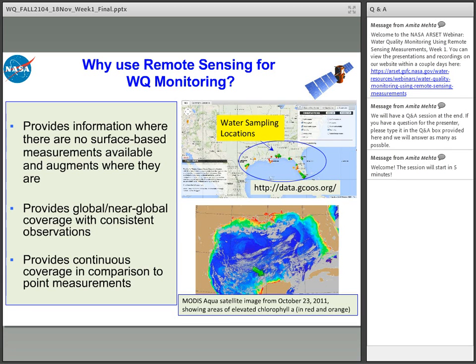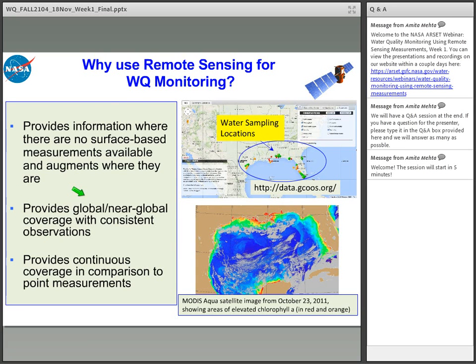But if you look at a satellite image, this was taken in October 2011 from NASA's Aqua satellite, and this is the sensor MODIS that we will talk about subsequently today and in next sessions. It provides nice coverage of this entire region. So it provides information where there is no surface-based information available. Okay? So it really augments in situ observations or measurements very well.